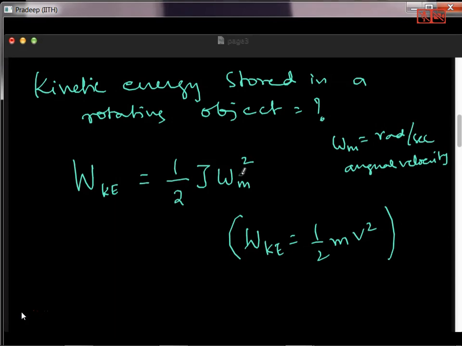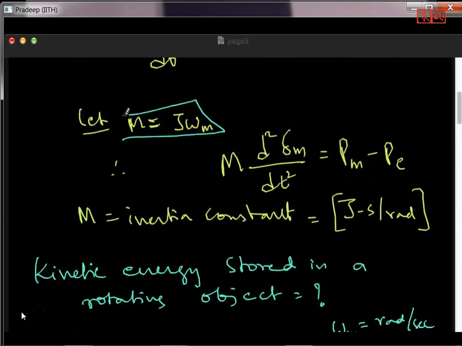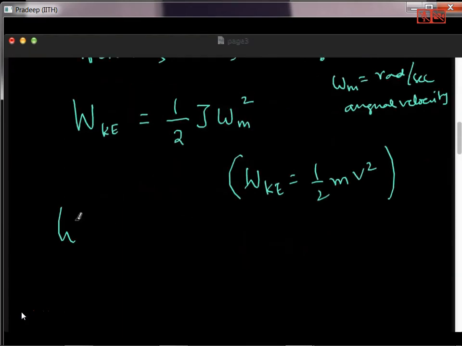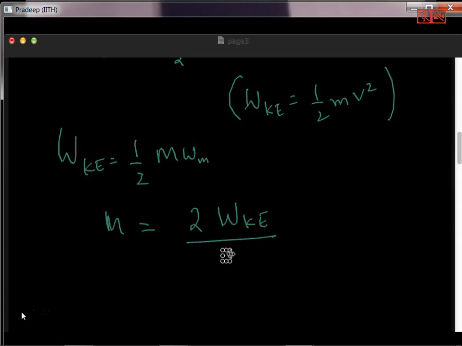Now J omega I already know that is M. So here I have just defined that. I also know that kinetic energy is nothing but half into M omega m square. So from this also I can define what is M. So what is M here? 2 into kinetic energy stored divided by, sorry, the square will not be there, divided by omega m.